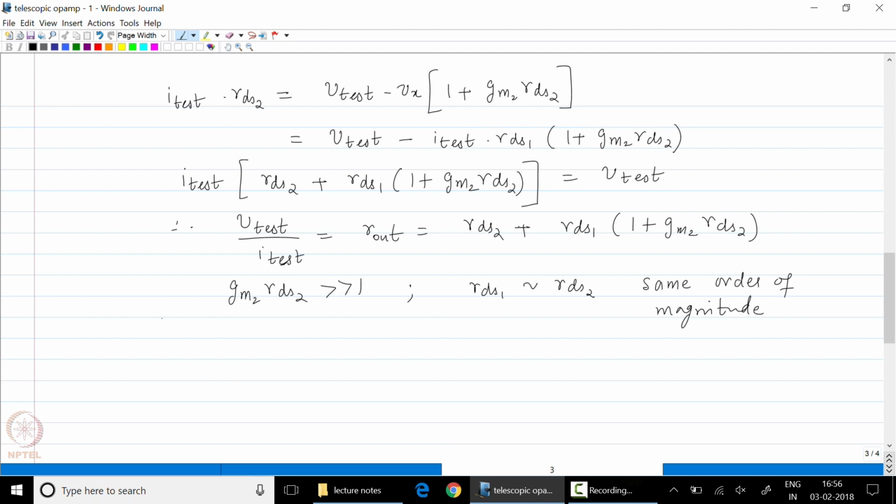In such a case, we can say that the output resistance is approximately equal to GM2 RDS2 times RDS1. So in other words, we have neglected this term first, and we have also said that this term is much larger than this term. Now this is a circuit where the output resistance has been increased using a circuit technique alone.